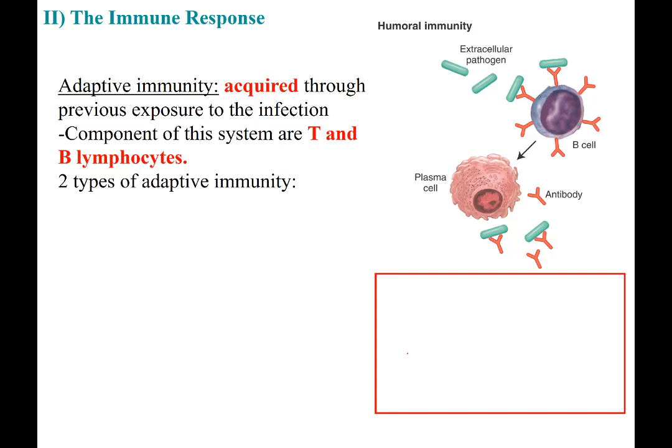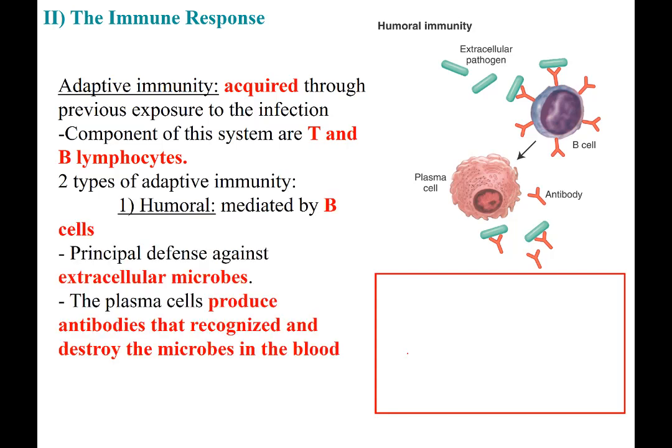So you need to pay particular attention to the next few slides because they are important. In the adaptive immunity, there are two categories of system that are complementary. They are not opposite, they are really complementary. The first one is called the humoral system, and that's the first one we're going to talk about.